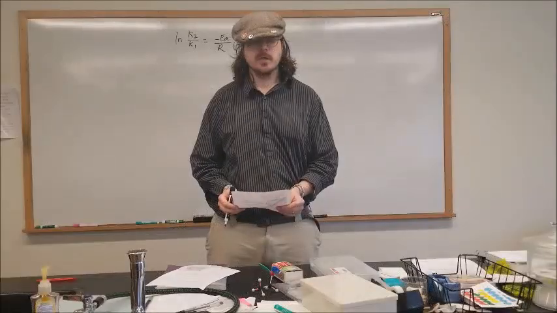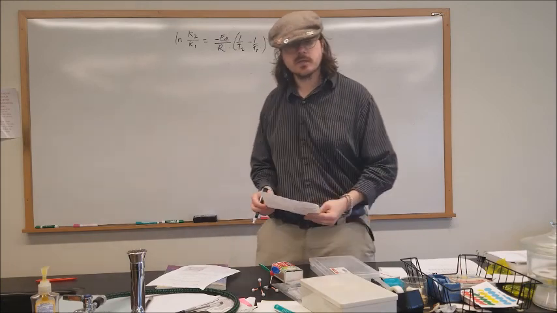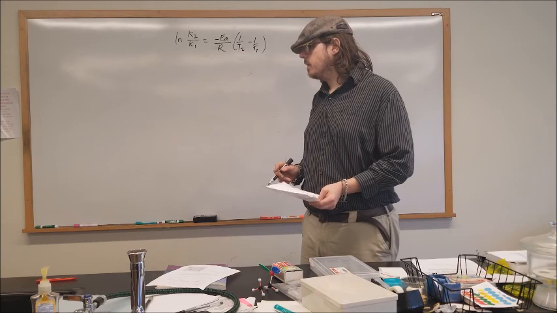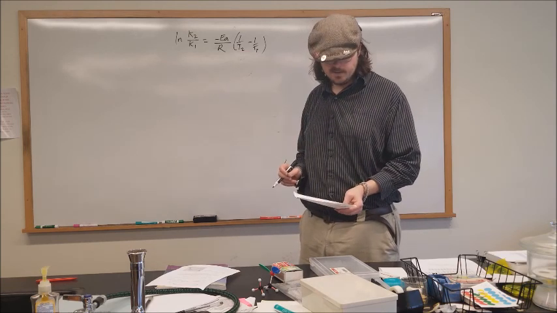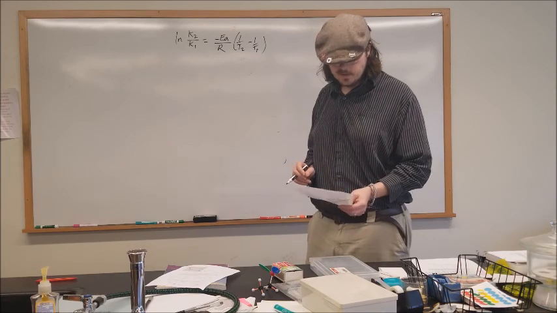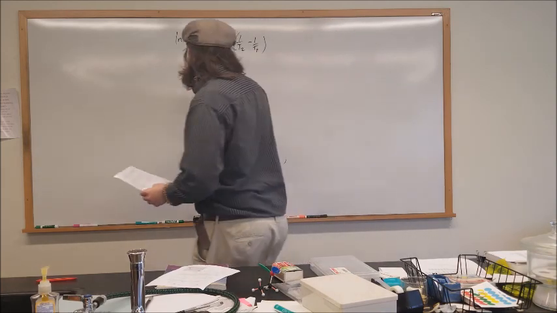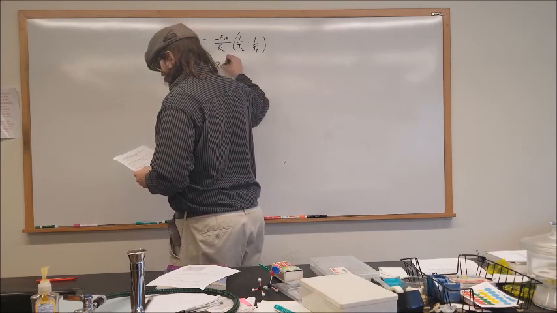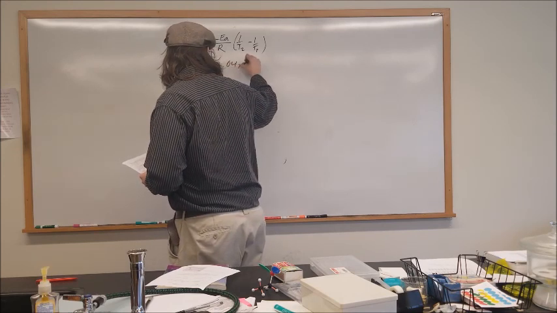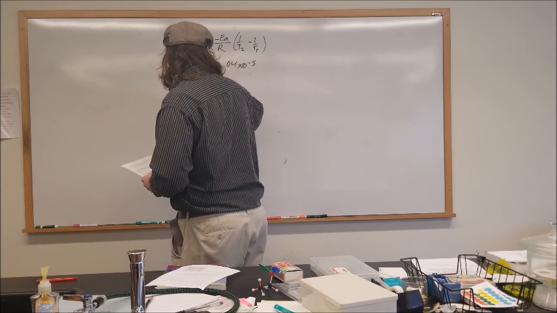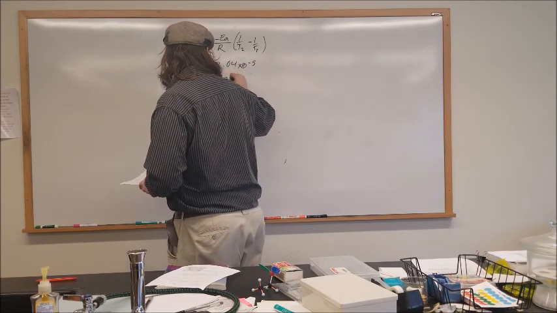Problem number 16 is the dreaded Arrhenius equation. Now, this is the hardest one, but if you break it down, it is not nearly as bad as you would think. So the reaction has a rate constant, or k1, of 2.04 times 10 to the negative fifth at 0 degrees Celsius, which is 273 Kelvin.